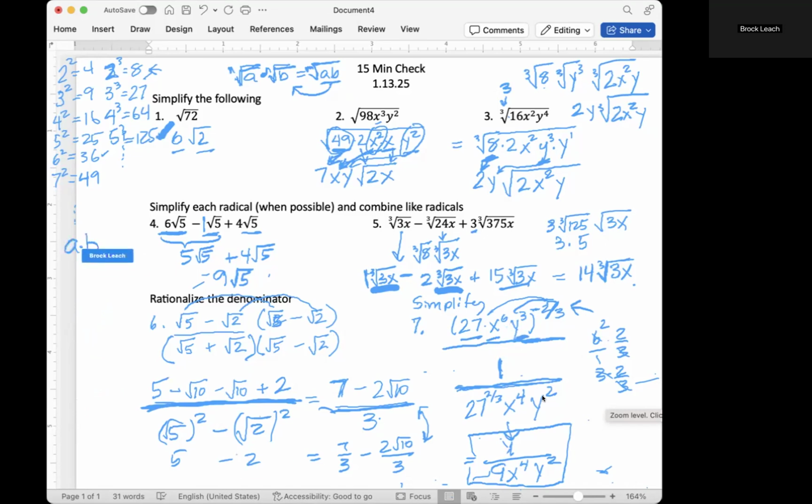Anytime we have a product or a quotient, a division, raised to a power, we can take that power and apply it to both parts. And if there's a power within A or B, we multiply those powers together.